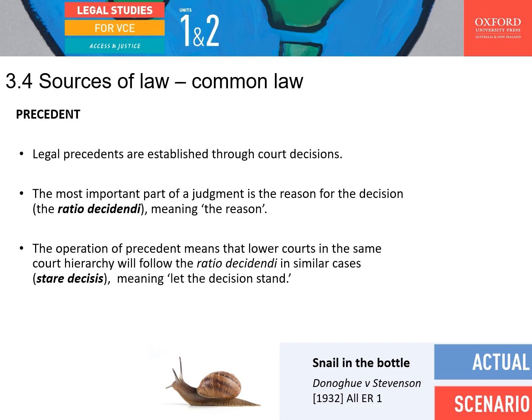Legal precedents are established through court decisions, like I was just saying. The most important part of the judgment is the reason for the decision, or ratio decidendi, which literally just means the reason.